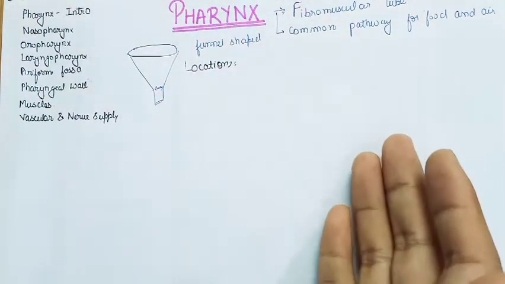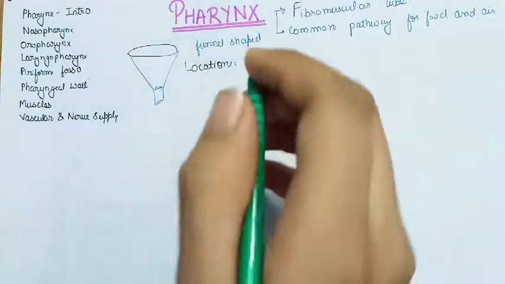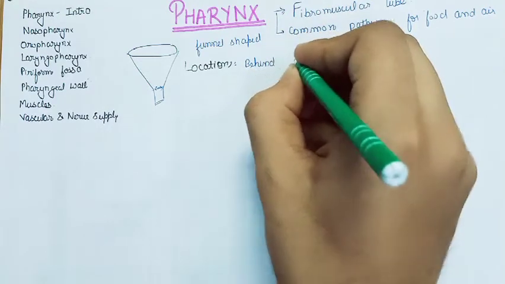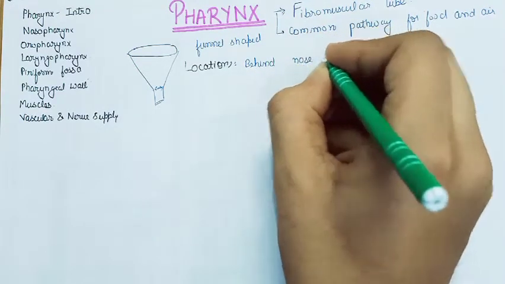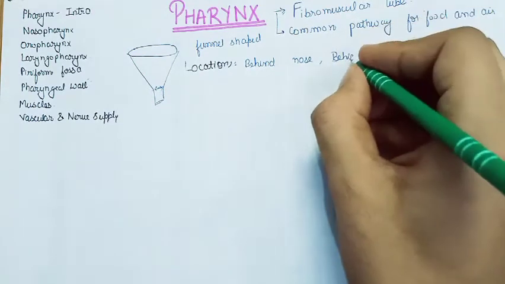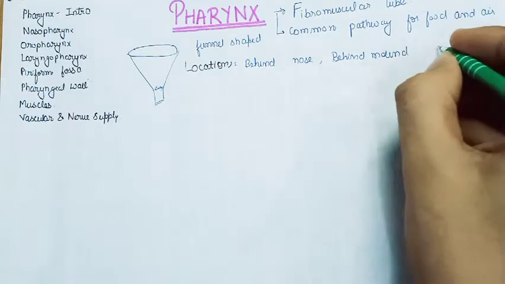Let's talk about the location. If you recall the diagram that we discussed in the beginning, the pharynx is located behind the nose, behind the mouth and the larynx.